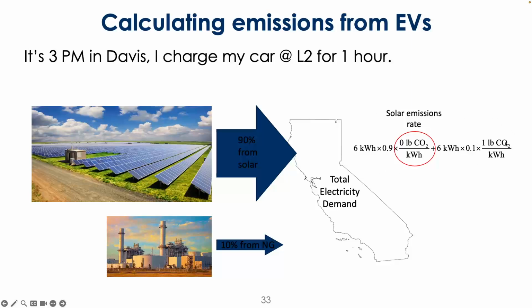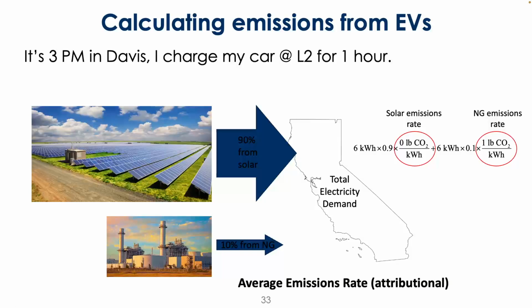On the right-hand side, I have the contribution from natural gas. So 6 kilowatt hours times the 10%, 0.1, times the natural gas emissions rate, which is approximately a pound of CO2 per kilowatt hour of electricity. Okay, so I can do this math and figure out the average emissions rate. I didn't actually write it down here, but it's right about 0.6 pounds of CO2 per kilowatt hour.